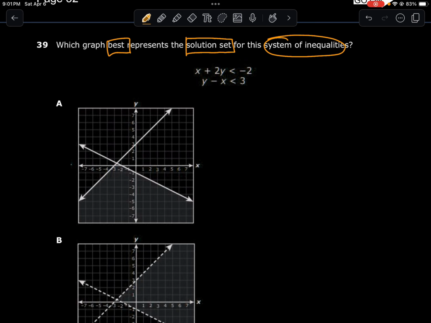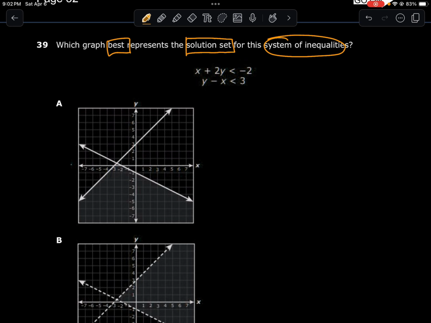I would have to shade the top or the bottom part. I would have to have a solid line or a dotted line, depending on whether the inequality includes the equal to or not. But with a system of inequalities, you have to do that for each inequality, shade this part, and then find the overlapping part.